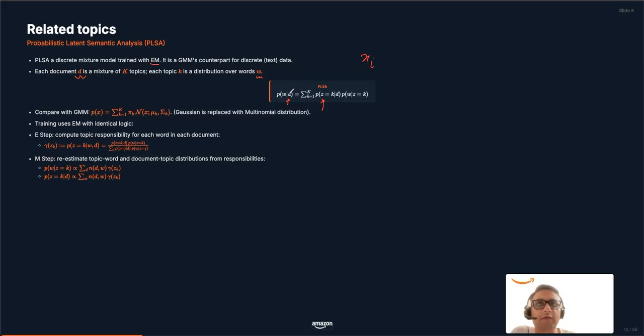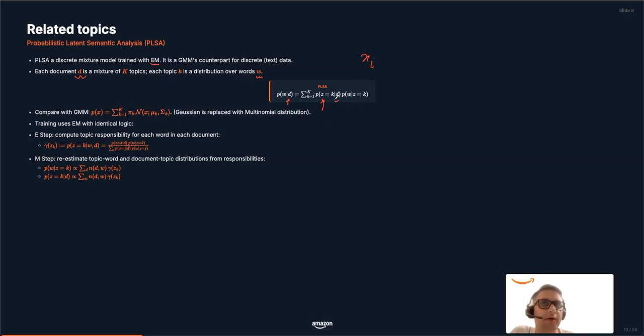Don't get confused by this conditioning. What it says is that for every document, you have a GMM setup. So for every document you have some latent distribution of topics, and corresponding to those topics, you have a distribution of words.